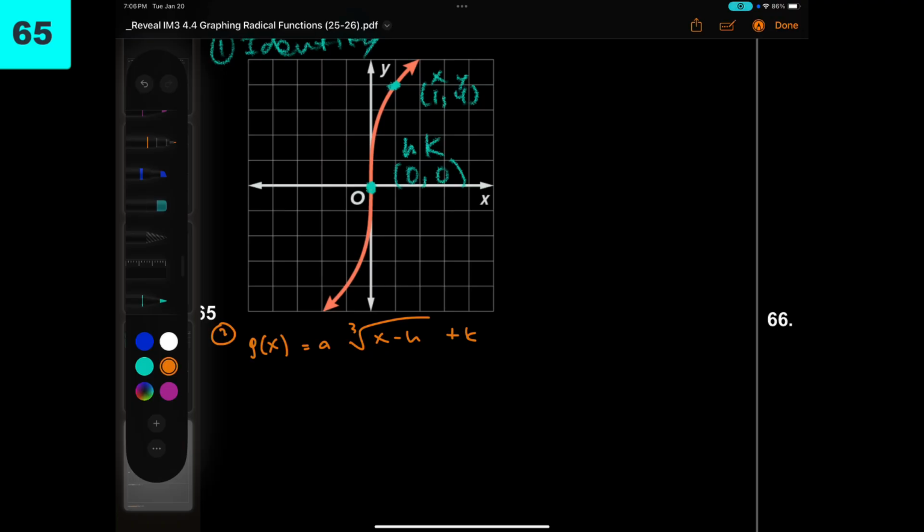So my y value, or my g of x that I chose, is 4. The a value we're solving for. The x value is 1, the h value is 0, and my k value is 4. So this will give us the cube root of 1, which is 1.